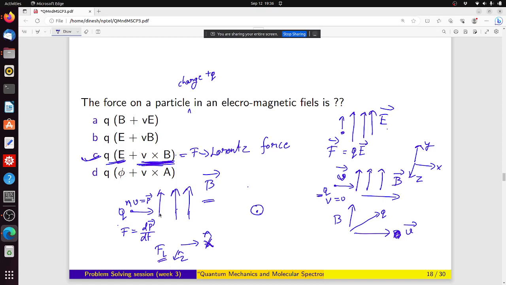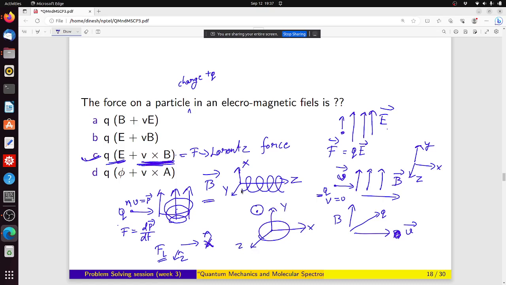Actually it will move in a circular path and it will come out in the z direction. This charged particle will move in a helical path and it will move in z direction like this. So it will move in a circle in this xy plane, and it will come out in z direction.